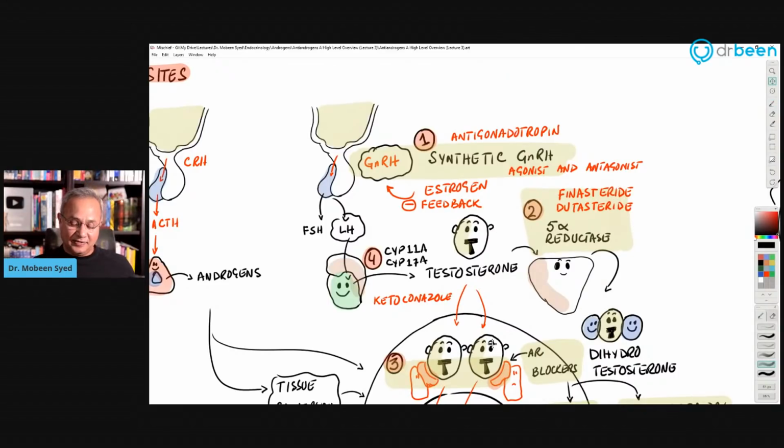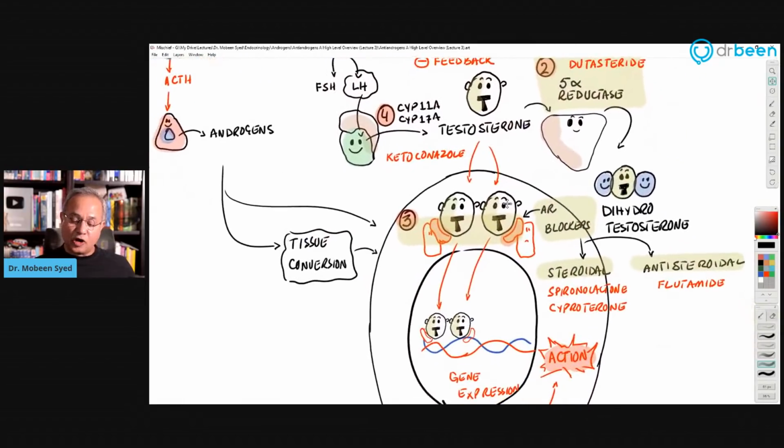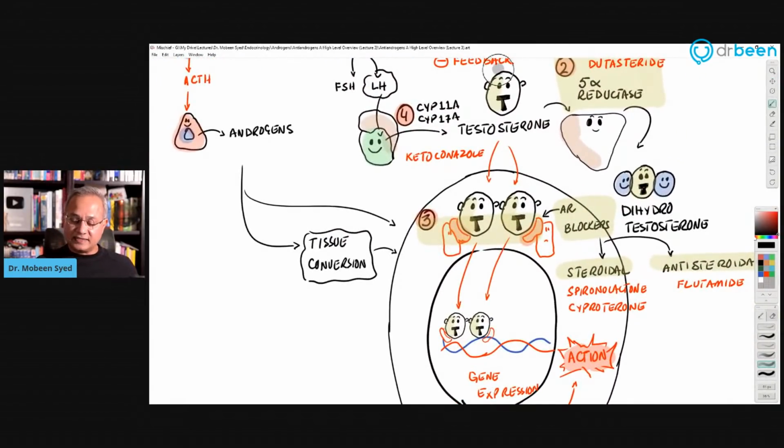And finally, the final common pathway, that is testosterone or dihydrotestosterone or androgens from here. They all eventually make androgens that would enter a cell, bind to the receptors, and make some action happen.